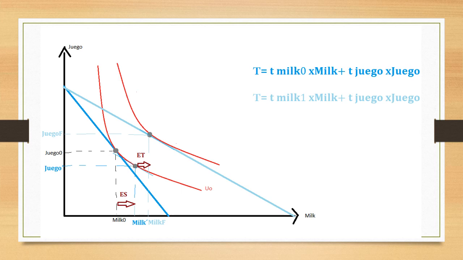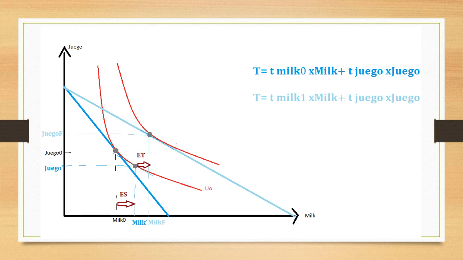The first effect is the substitution effect, which is the effect on his consumption, considering that he takes less time to drink milk, and using the same indifference curve, so the same felicity.